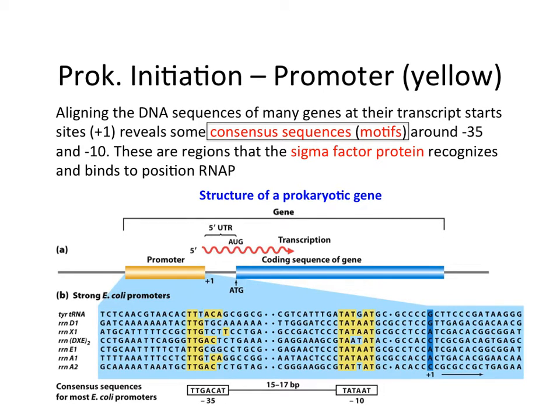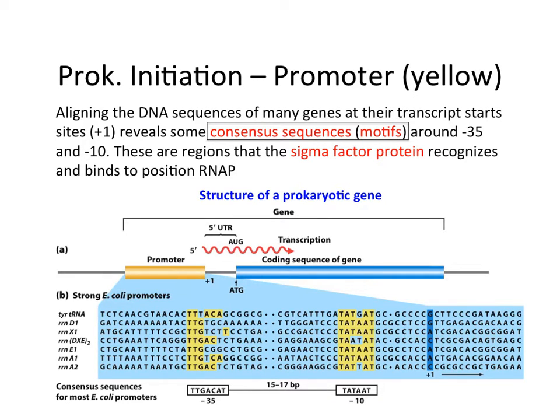It's one of these proteins that binds a specific DNA sequence. Every time it sees TTGACA, and then there's a space of about 15 to 17 nucleotides, and then it reads TATAAT, that protein binds tightly to the DNA. Those two sequences are about that distance apart on the chromosome.